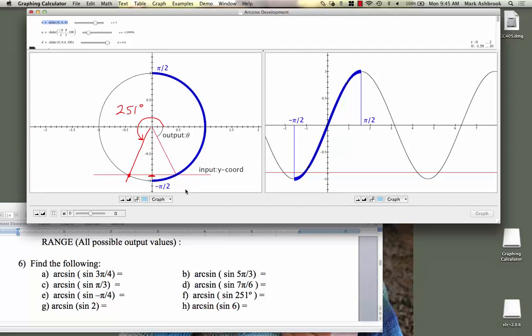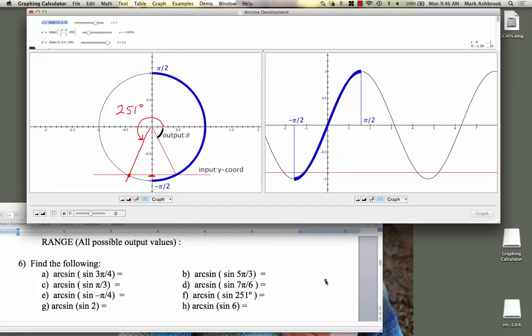It's going to be this negative angle right here. This negative angle is going to give us the same y coordinate as the sine of 251. So how can we find what that angle is, by symmetry in the circle?